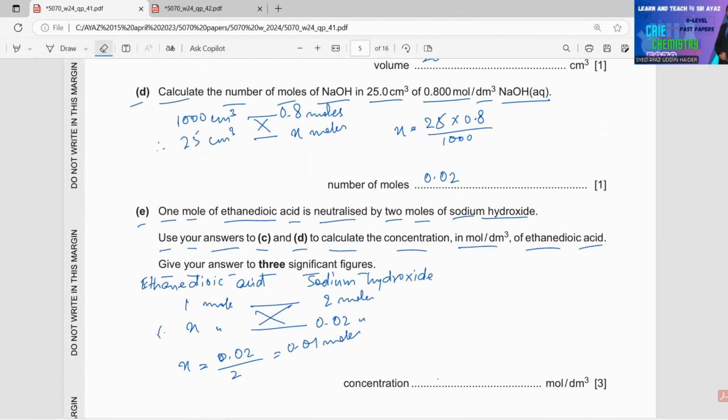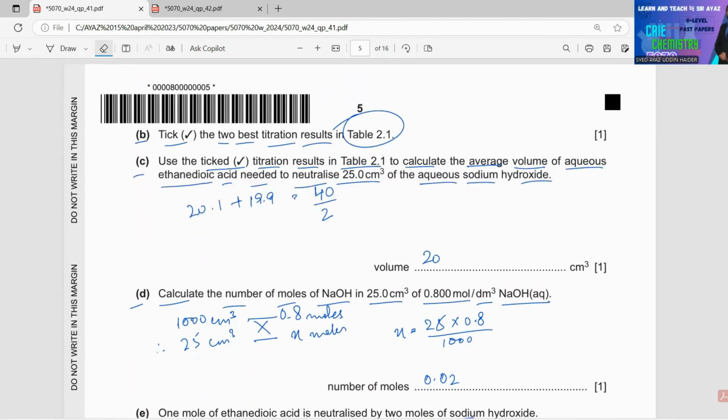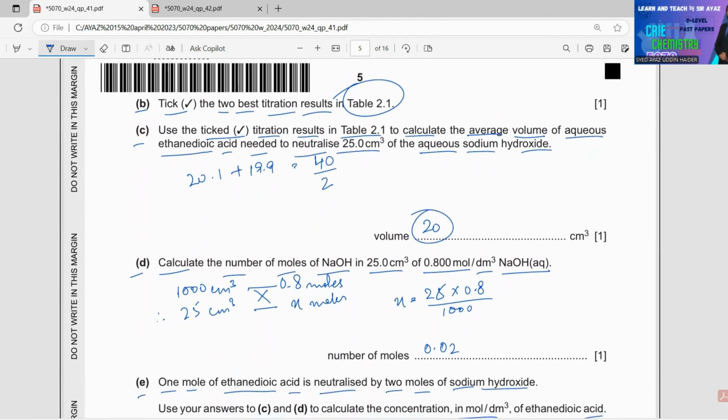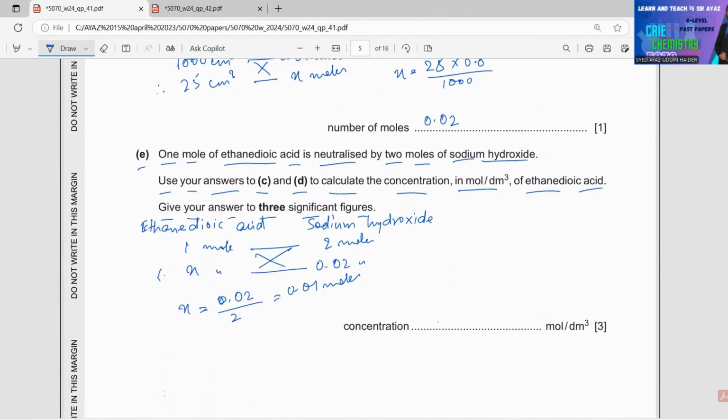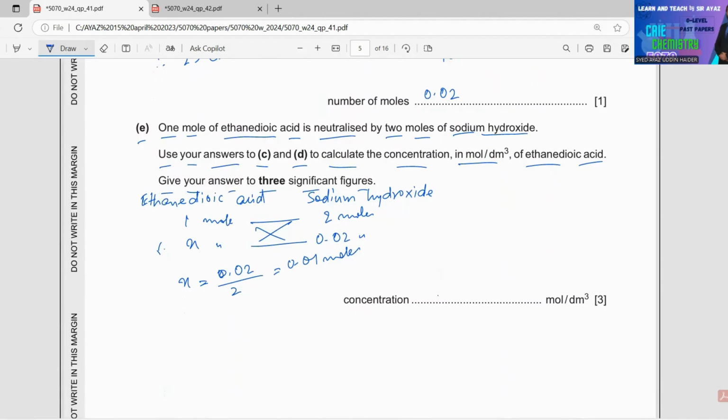We have the volume of ethanedioic acid, it's here. So it's in 20 centimeter cube. So I will write 20 centimeter cube contains 0.01 moles.